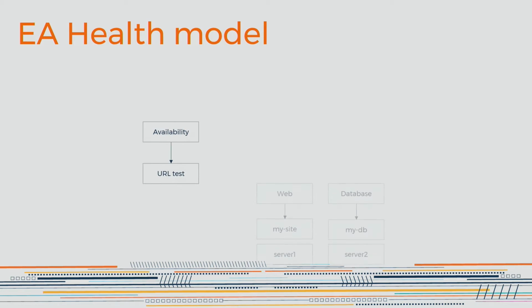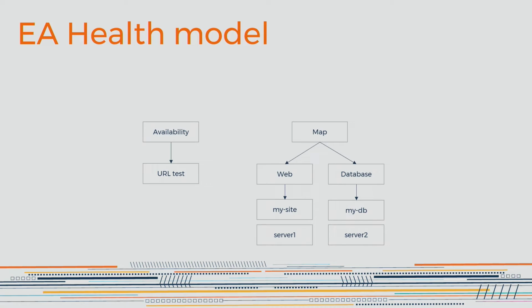In addition to that, we're then, of course, mapping out the infrastructure of our application and containing that within a map group within SCOM as well. And finally, we can also define the downstream dependencies of that application, for example, other applications or third-party applications that application depends on. So we have these three pillars of enterprise applications: availability, the map, and then any external dependencies.